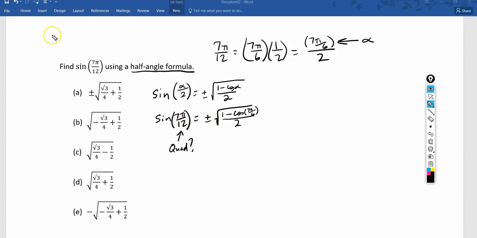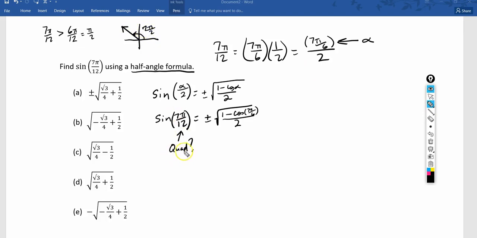So 7 pi over 12 is a little bit bigger than 6 pi over 12. And 6 pi over 12 reduces to pi over 2. So all I need to know is the angle. So for 7 pi over 12, we go a little bit further than pi over 2, or 6 pi over 12. And that's going to be where our angle 7 pi over 12 is.